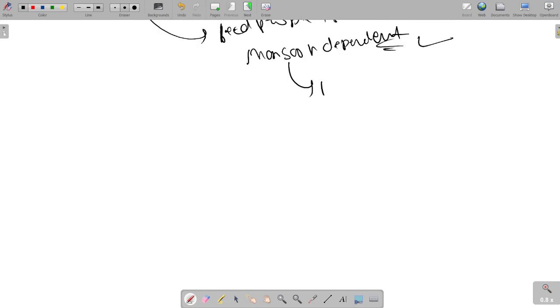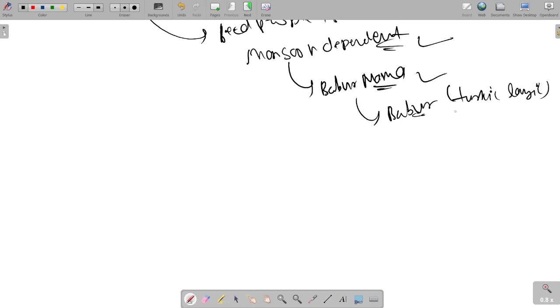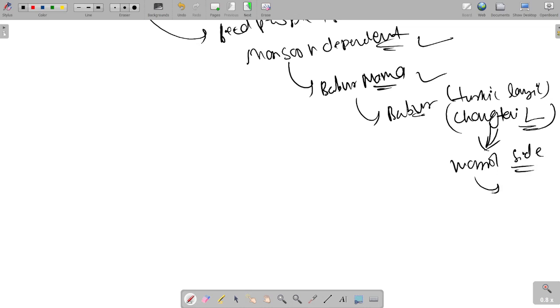It was so monsoon dependent that the Baburnama, a book written by Babur in the Turkic language, or as NCERT says, the Chagatai language, mentions it. This is the area of the Mongols, and Babur was a descendant of the Mongols from his mother's side.